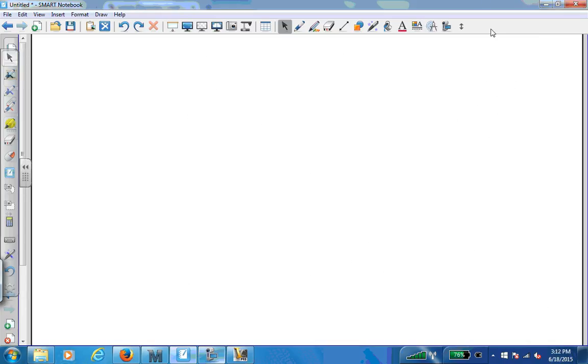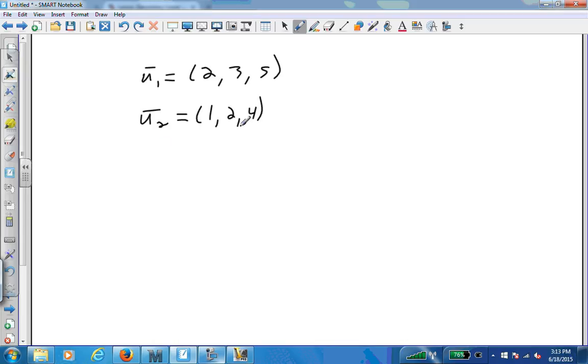Let's do another one. Let's suppose we have vector U1 to be 2, 3, 5, vector U2 to be 1, 2, 4, and vector U3 negative 2, 2, 3. And let's write V, which is 10, 1, 4, as a linear combination of those three vectors.